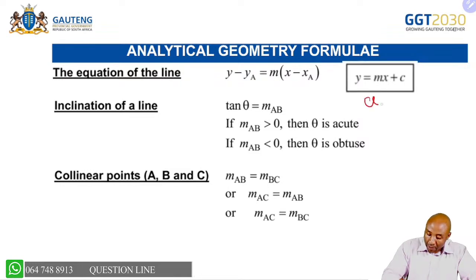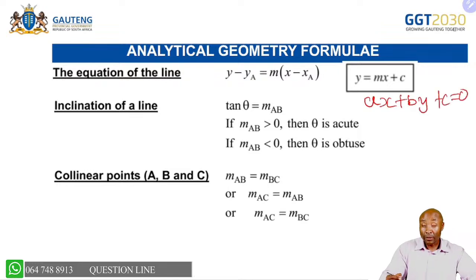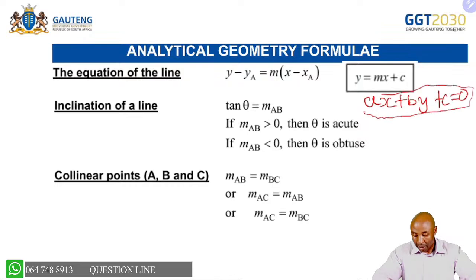Sometimes we'll be expected to leave our answer in the form ax plus by plus c equals 0. We should be able now to navigate between the two types of formulas, where you are supposed to leave your equation in the form y is equal to mx plus c, or you have to move from here back to that standard form, especially if you are supposed to use the gradient to answer any other question.